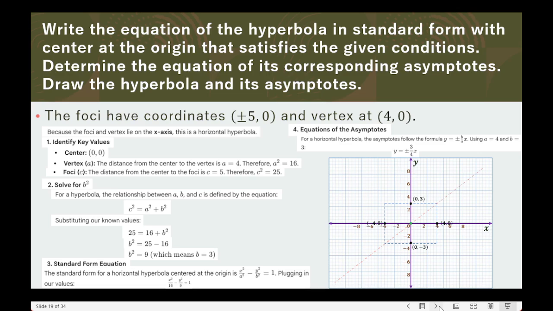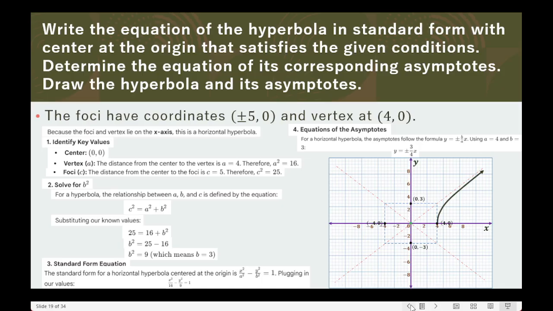Then from this rectangle, we draw two diagonals, which are actually the two asymptotes. And going back to the auxiliary rectangle, you will notice that the sides of this rectangle pass through the vertices and the co-vertices.